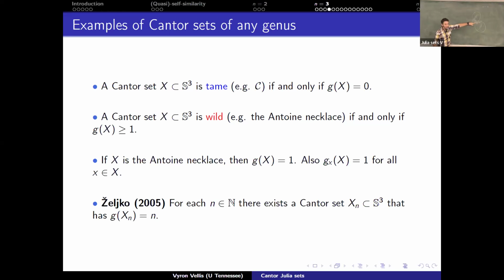Inside this central flower, you put this picture again, and you iterate this process. So Zelko proved that this Cantor set has genus 3, but there is only one point of local genus 3, and that's the center. Every other point has local genus 1. Okay, and you can do this construction for every n. Also, this is quasi-self-similar, but it's not self-similar. All right, so that was Zelko's construction.